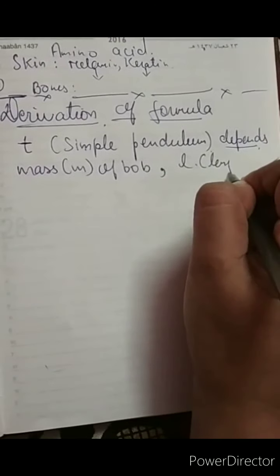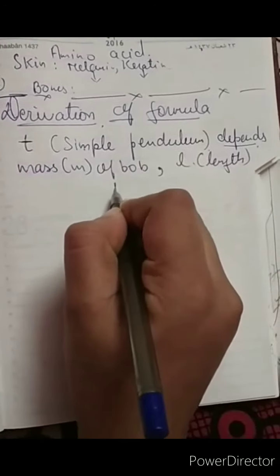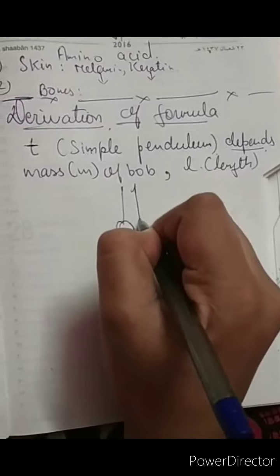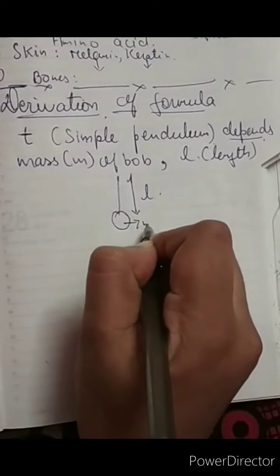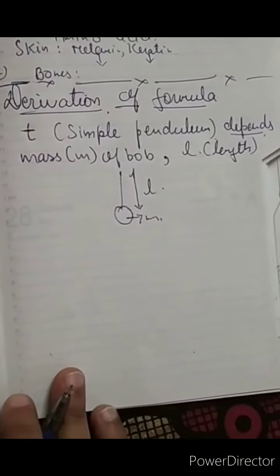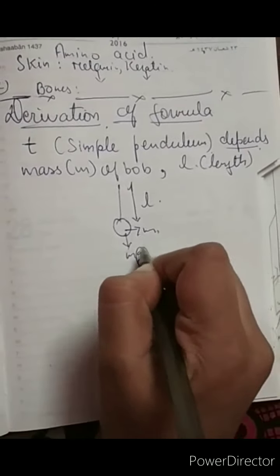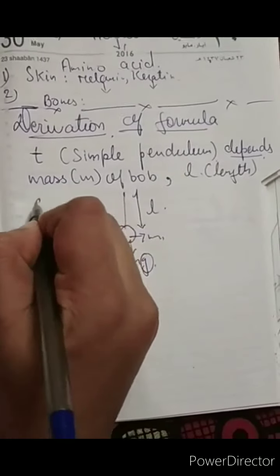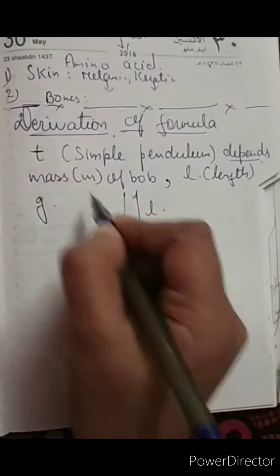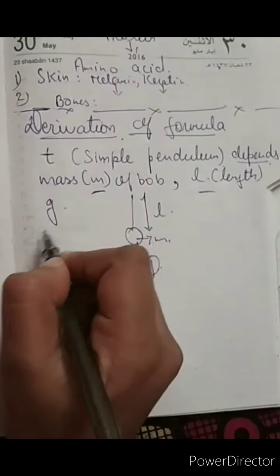L is the length of the simple pendulum. Remember, this is the simple pendulum and this is the length, L, and here the mass of the bob is M. Next it depends on acceleration due to gravity, g. So time depends on M, L and g.